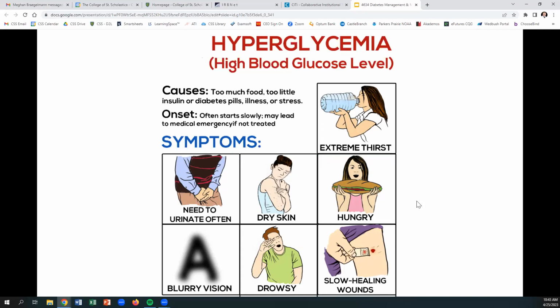It's not feeding the body, and the body is essentially starving, which is what we're going to be talking about in the next slide. Okay. And then slow healing wounds. High blood sugar, high blood glucose has an inhibitive factor on white blood cells and the restorative pieces of our blood that causes us to heal, and so it can cause slow healing wounds.